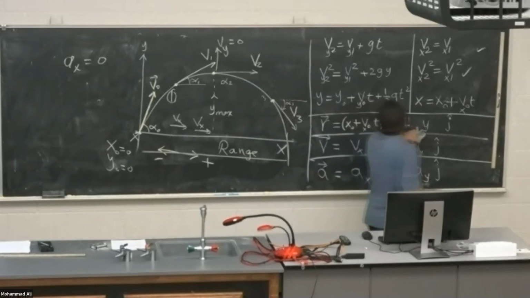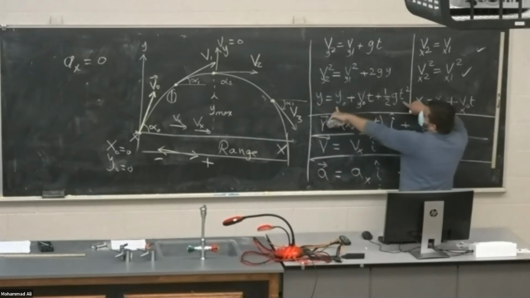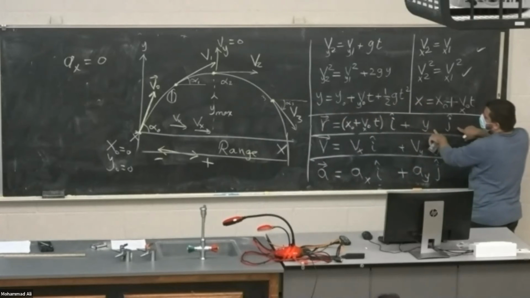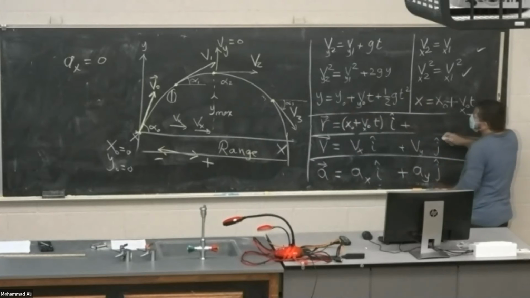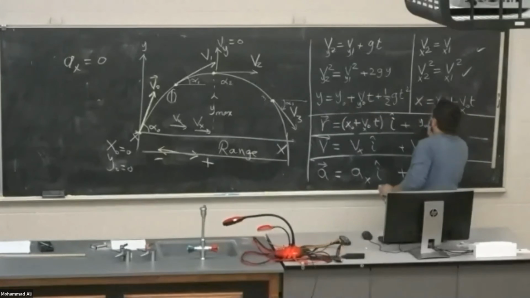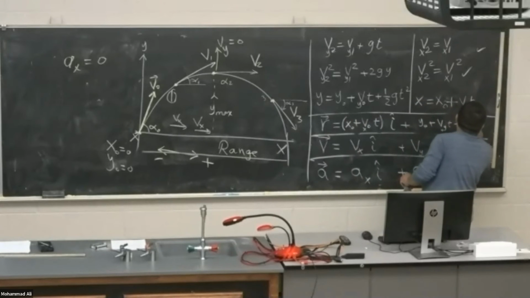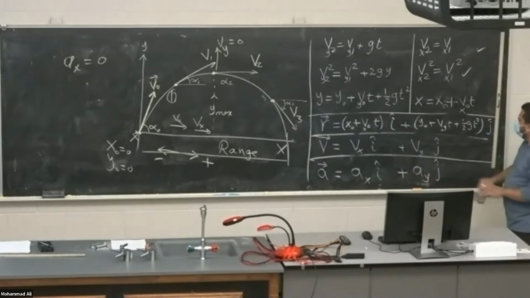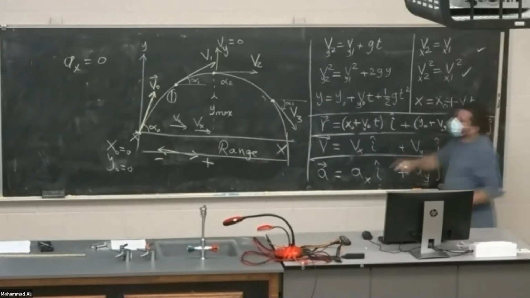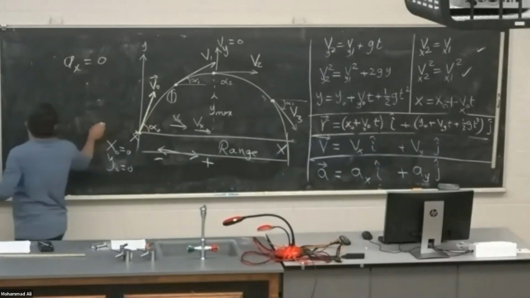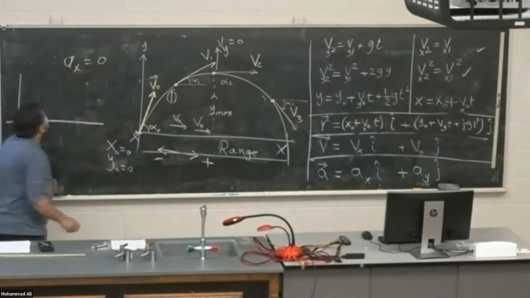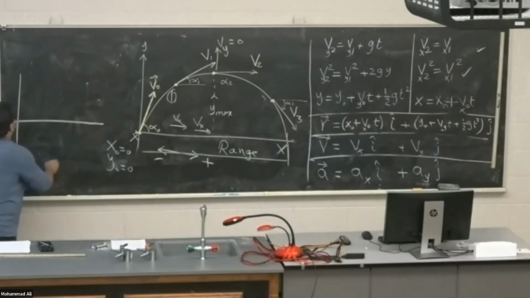What about y? I need to put this equation. This is y naught plus vy naught t plus half g t squared, all of this in j direction. Okay, what is vy and vx? It's simple. You know that from before. It is vector operation. This is v naught. This is alpha naught.